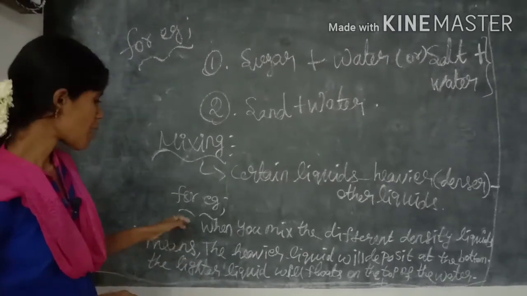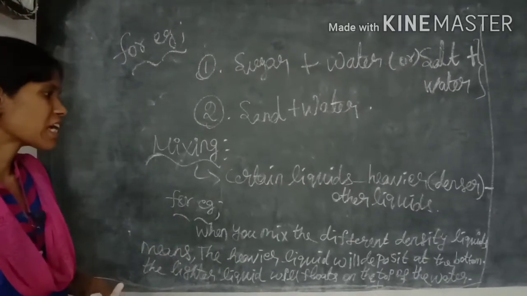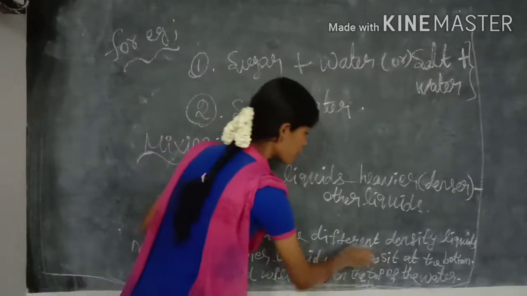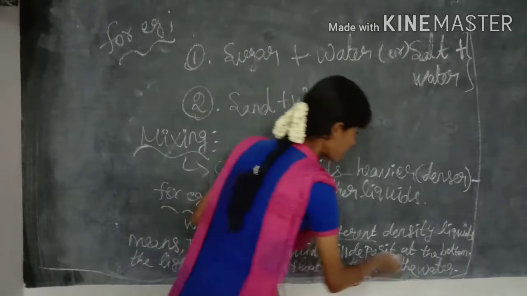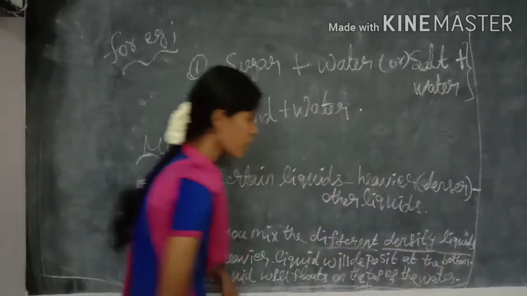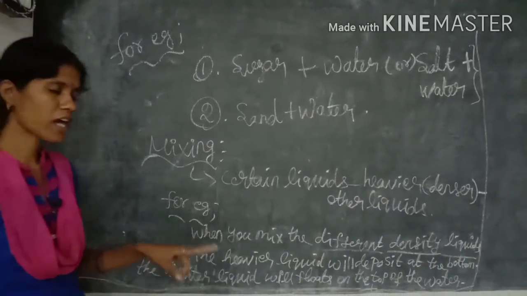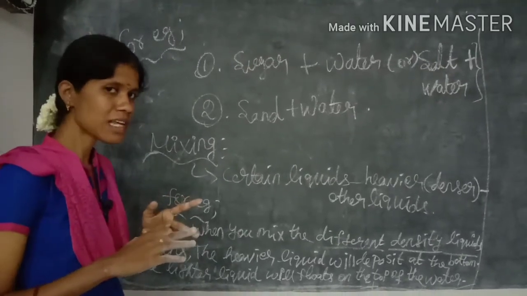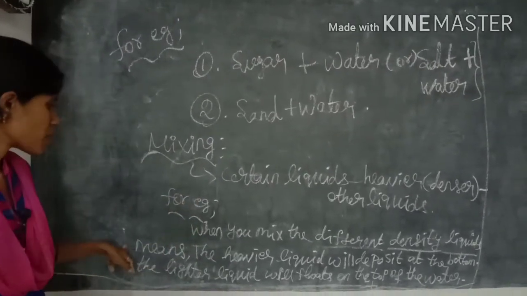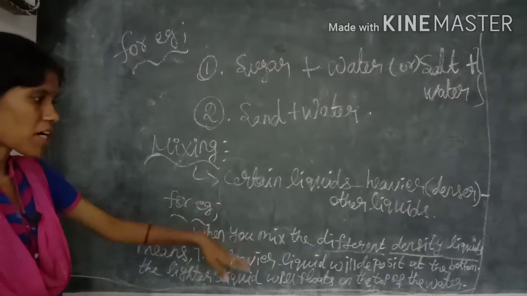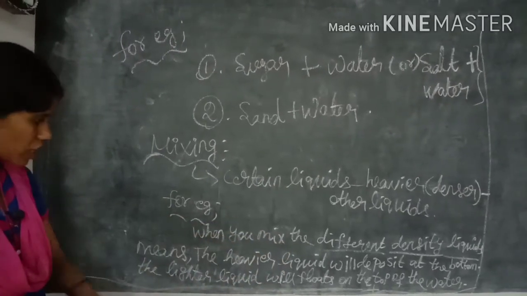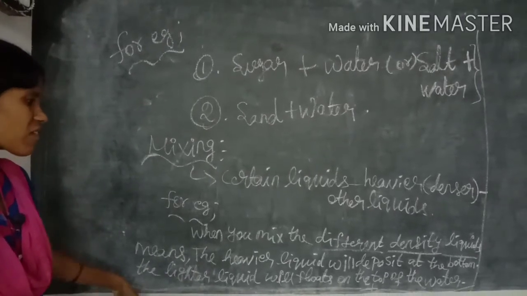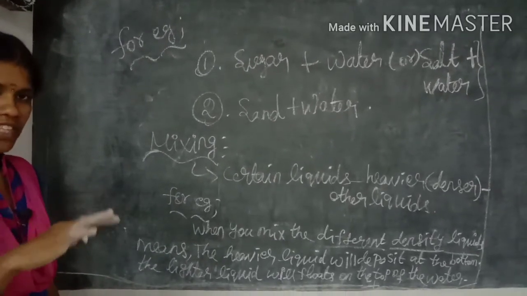When you mix liquids of different densities, taking one of greater density and another of lesser density, the heavier liquid will deposit at the bottom and the lighter liquid will float on top.